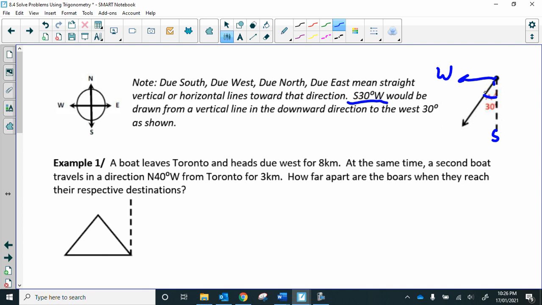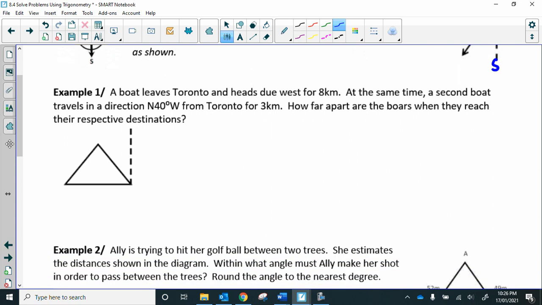So a boat leaves Toronto, heads due west for 8 kilometers. So we're going to start off here labeling our triangle here. This is Toronto. And I knew that because due west would be this way here. Due west for 8 kilometers. So let's label that 8 kilometers.